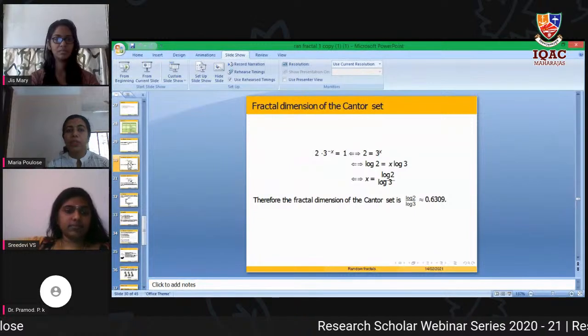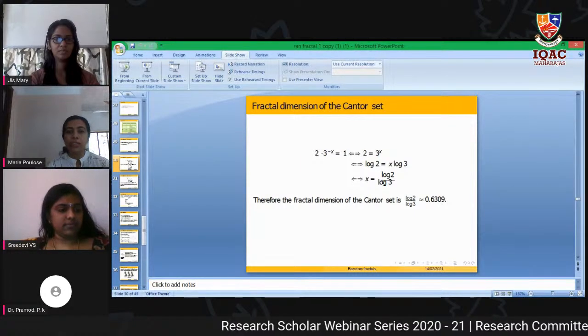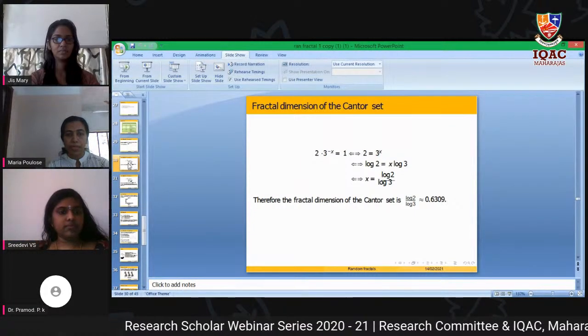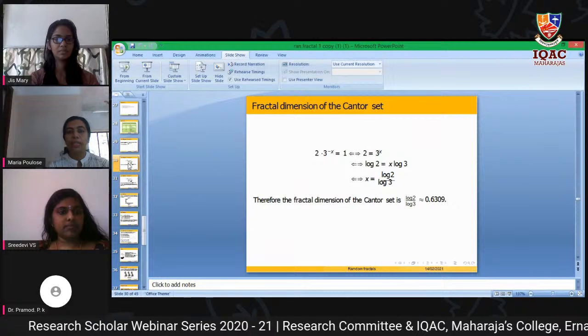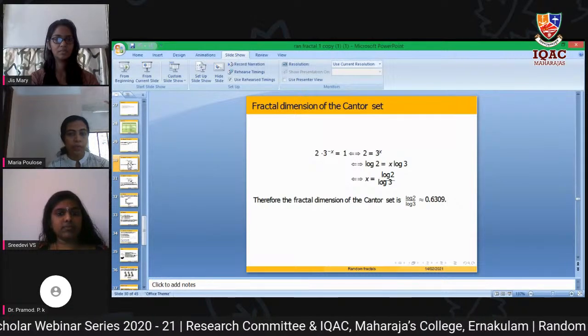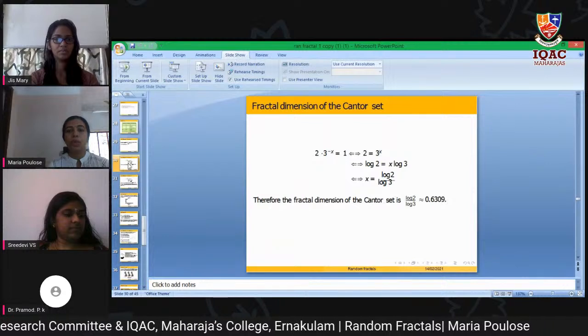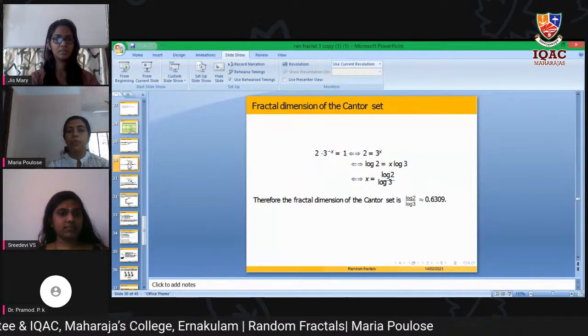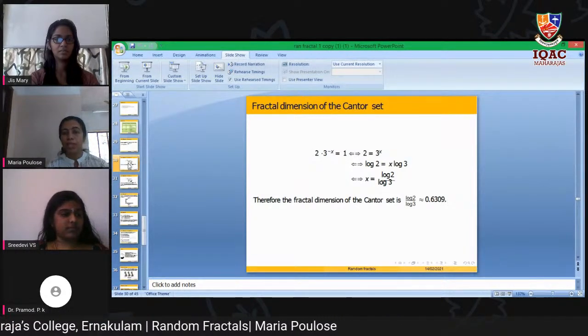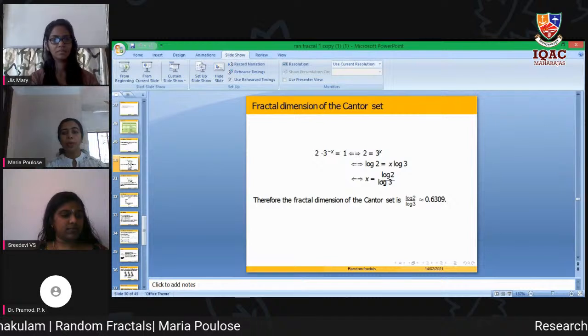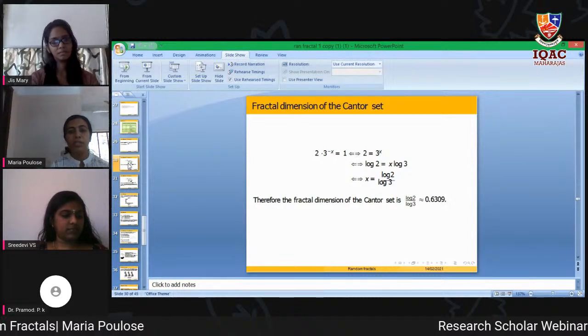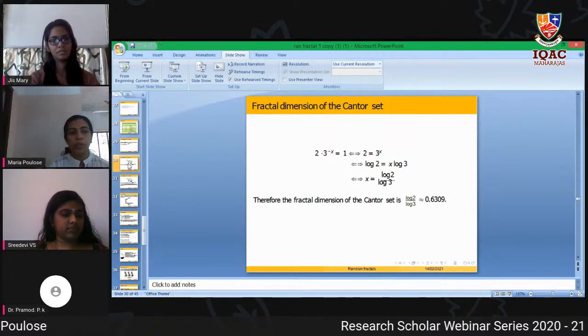So for the fractal dimension of the Cantor set, we write 2 into 3 raised to minus x equal to 1, that is 2 equal to 3 raised to x, or log 2 equal to x log 3, or x equal to log 2 by log 3. Therefore, the fractal dimension of the Cantor set is log 2 by log 3 equal to 0.6309.